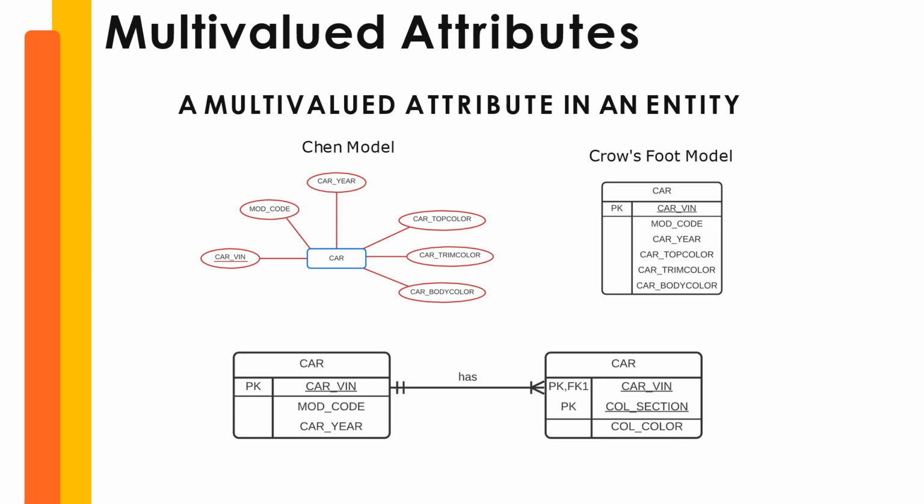We can create separate attributes referring to each of the colors, just like what you can see in the first one. Or we can create a separate entity, just like on the second one, wherein we are specifying the color and the section to which we are referring. Is it the top color, the trim color, or the body color?